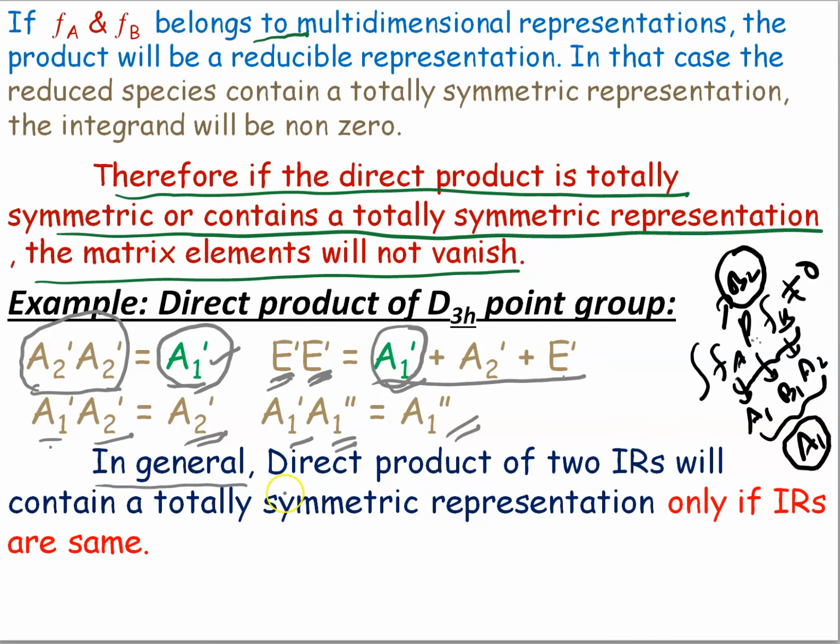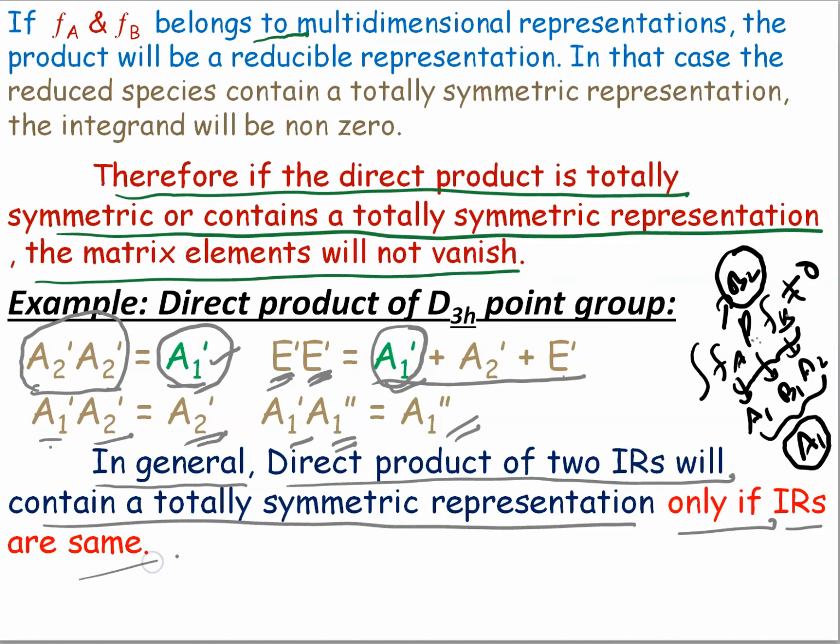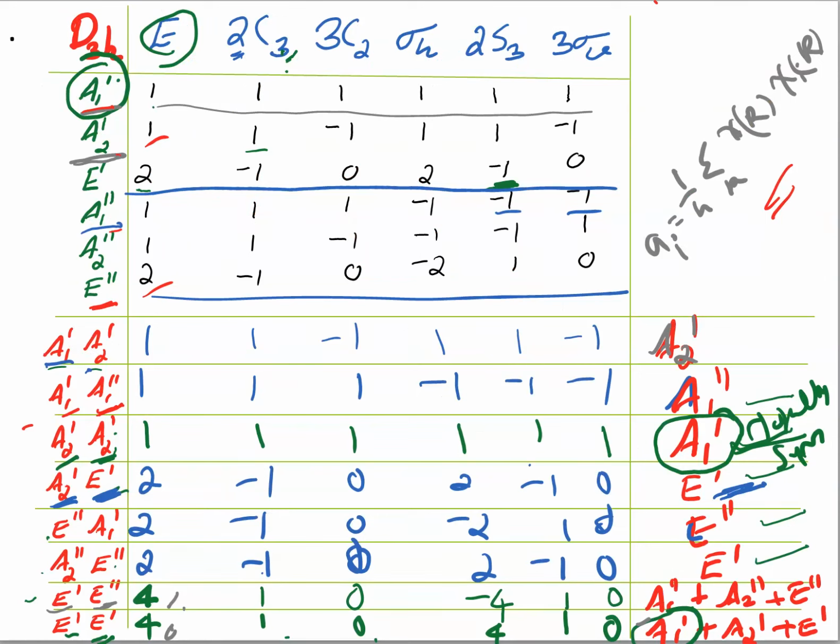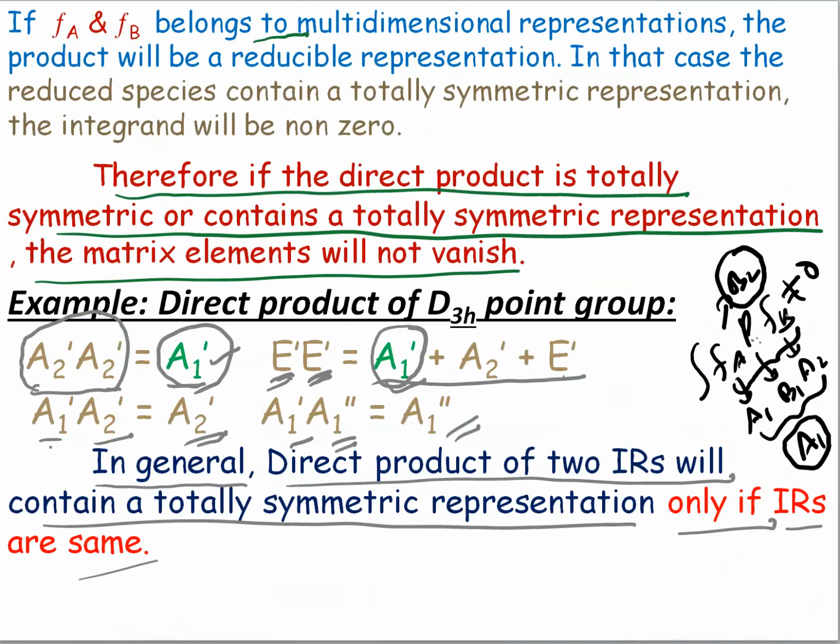In general, the direct product of two IRs will contain a totally symmetric representation only if the IRs are the same. That I have already shown to you. Here, A2 dash with A2 dash, we get A1 dash, totally symmetric. E dash with E dash, we get A1 dash. Okay, that is the point. The point is only this thing. That is, finally, I'm finalizing.